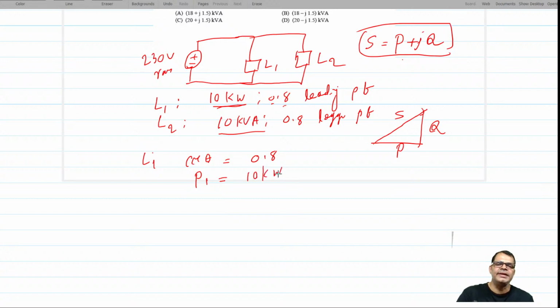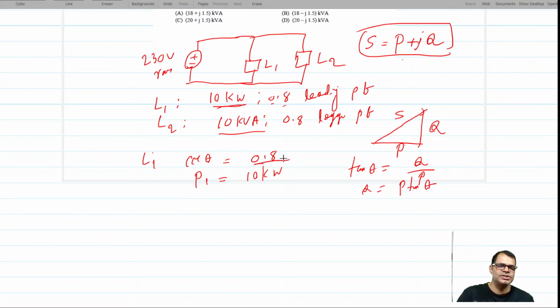We need to find this Q. How are you going to find Q? P has been given and the power factor has been given. Just use the basic relations: tan theta is equal to Q upon P, and Q equals P tan theta.